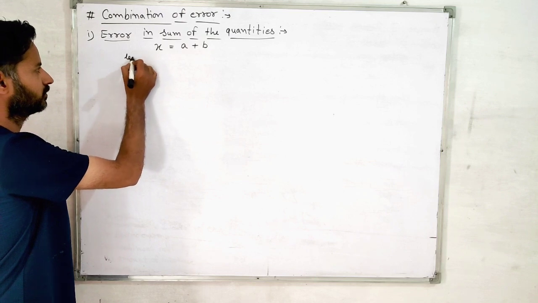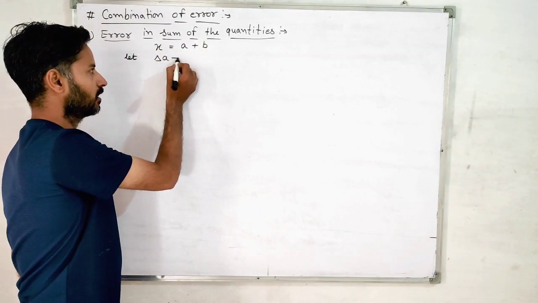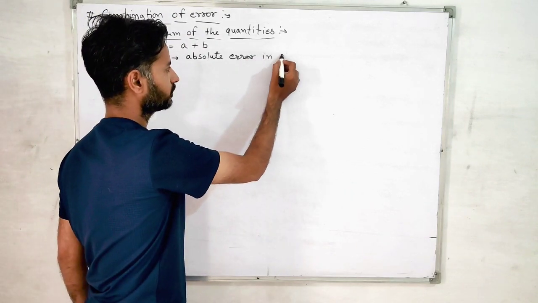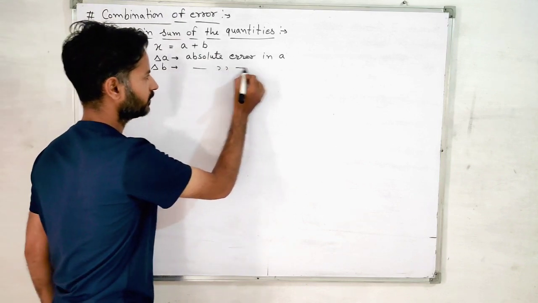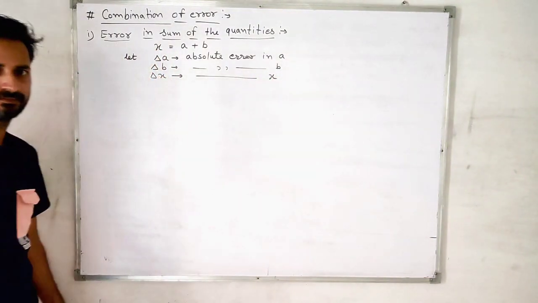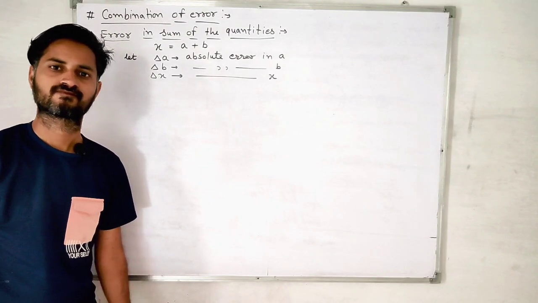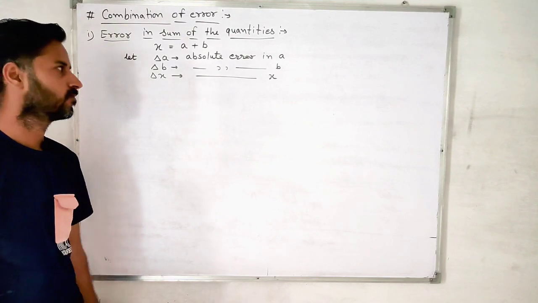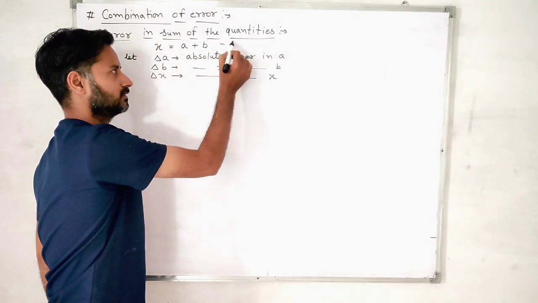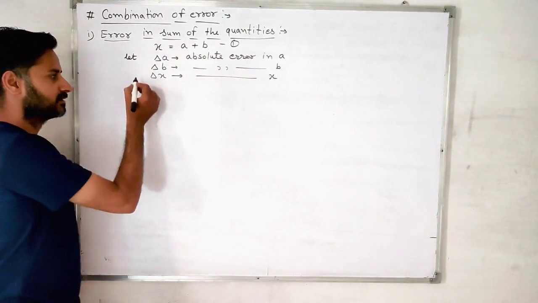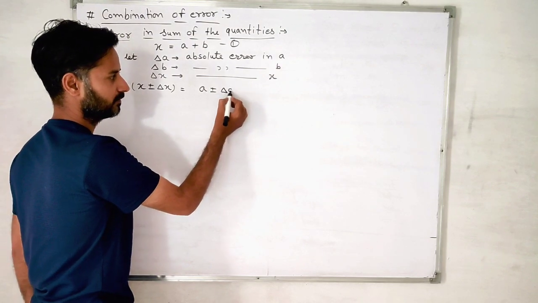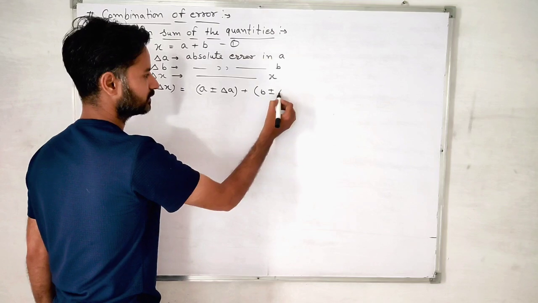Let del A be the absolute error in A, and del B be the absolute error in B. Similarly, del X is the absolute error in X. In this case, equation 1 can be written with error as x plus minus del x equal to a plus minus del a plus b plus minus del b.